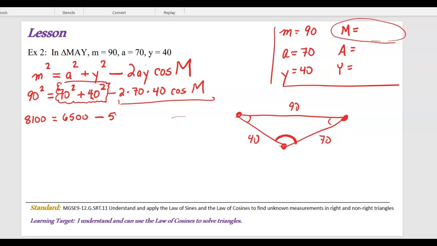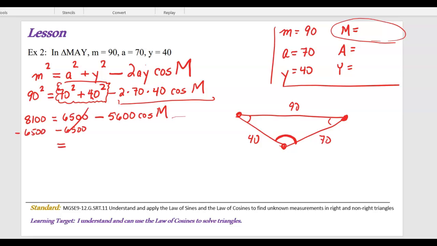So 5600 times cosine of m. Now here's where my college students, not many, but you know, out of a class of 30, I'd have 5, 6, 7, 8 make this mistake. Okay, so be careful. You cannot subtract, of course, because I don't know what 5600 times cosine of m is. So this is where you subtract 6500 from both sides.